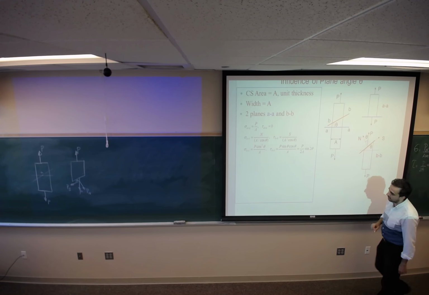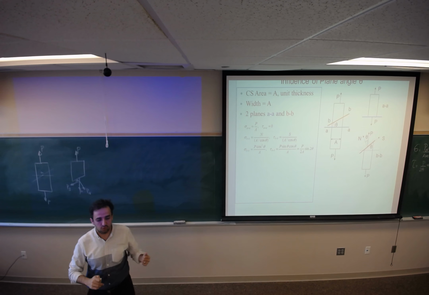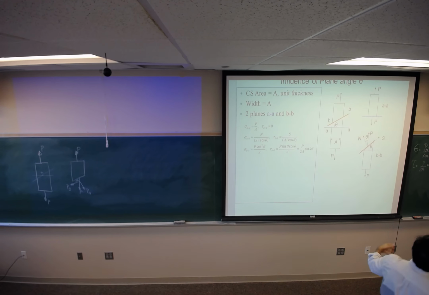Depending on the different values of theta, we are going to have different values for the normal stress and the shear stress. The extreme values for normal stress are at theta equals 0 and 90 degrees: sigma max is going to be P over A, sigma min is going to be 0.